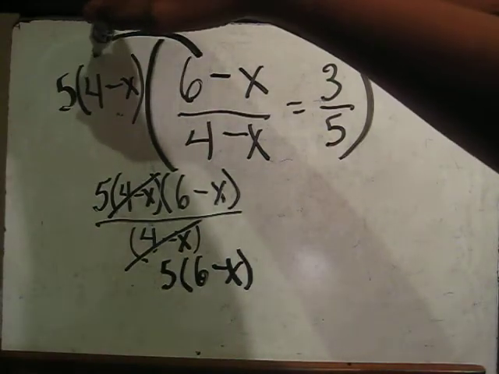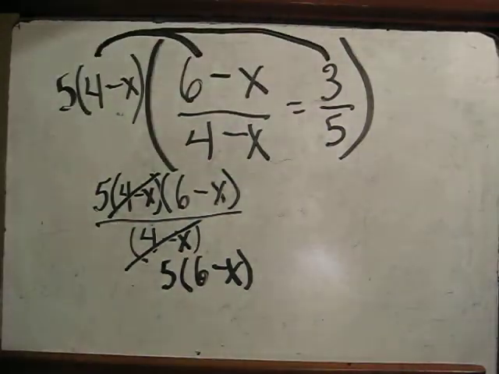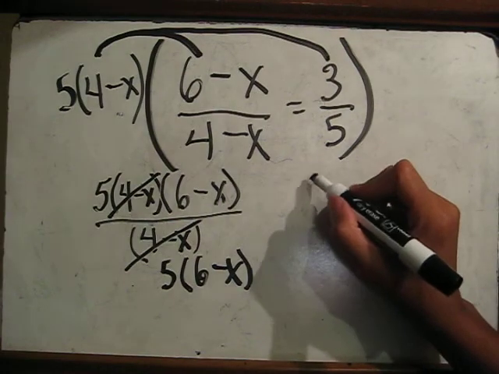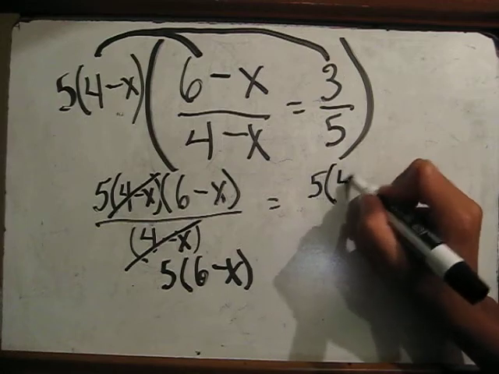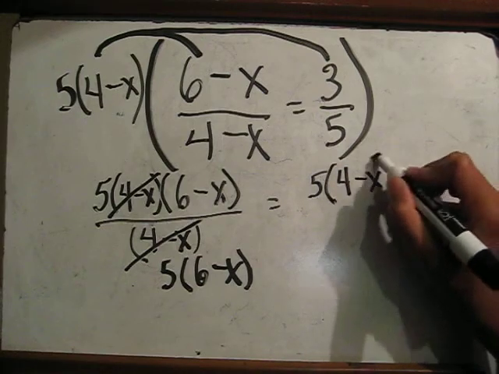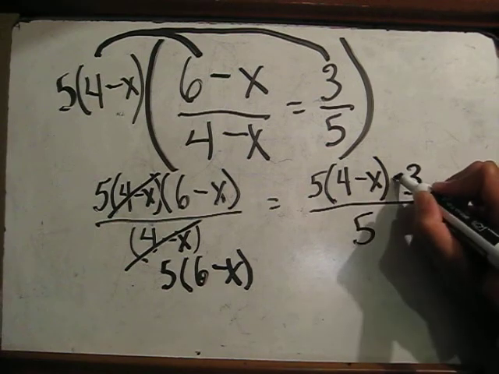And then now we're going to distribute this, multiply it with 3/5. So if I rewrite it, it really just looks like this: 5 times 4 minus x times 3 over 5.